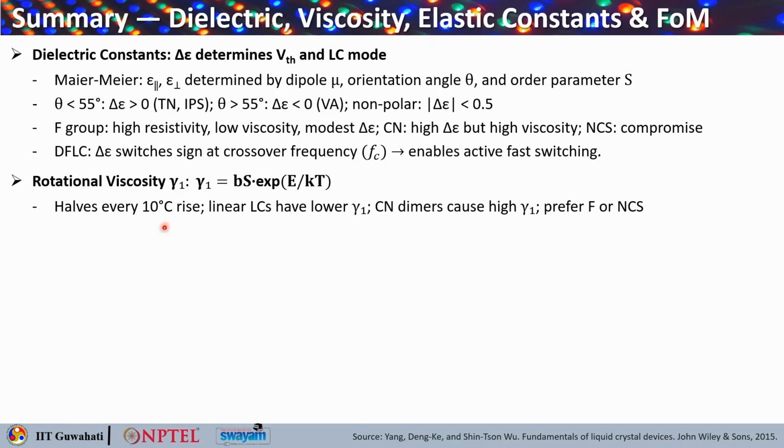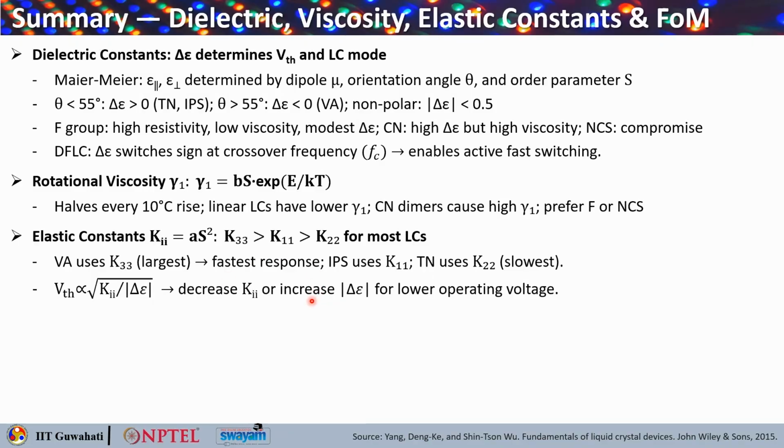We also discussed rotational viscosity, the origin of this, and we have seen that it halves every 10 degrees centigrade temperature rise, and the linear liquid crystals have lower gamma viscosity, whereas the dimers can cause high viscosity. So, you can prefer the fluoro or the NCS group.